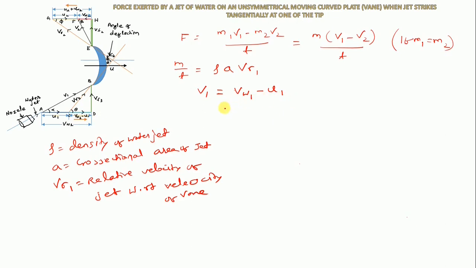And in place of v2 we can write u2 plus VW2, or you can write VW2 plus u2.